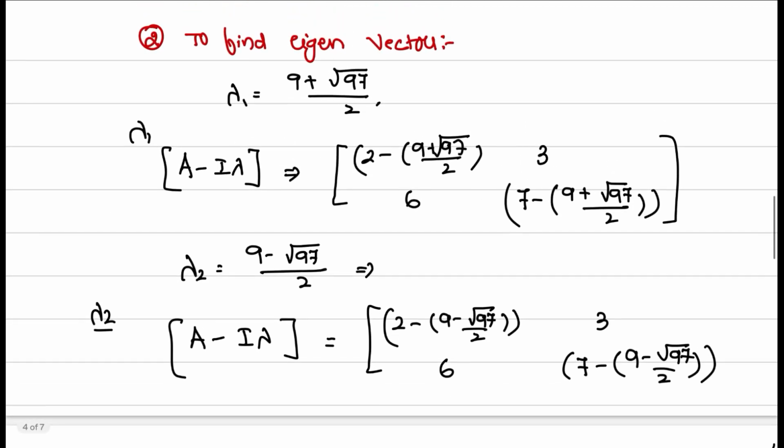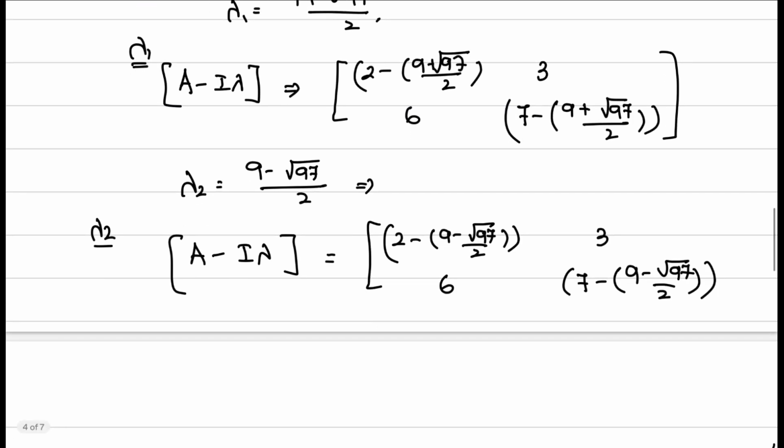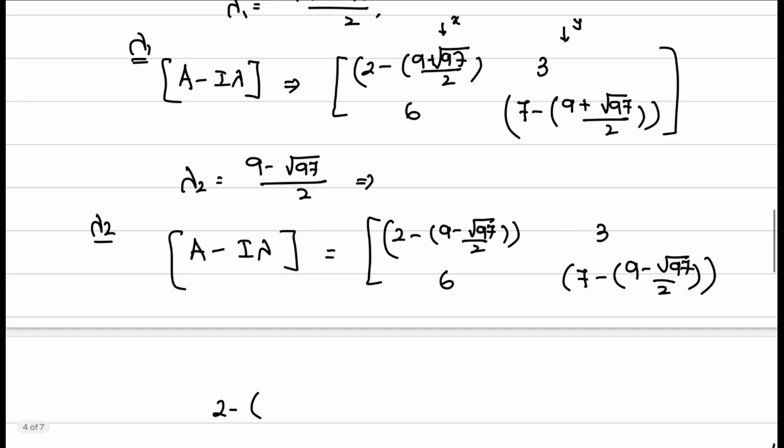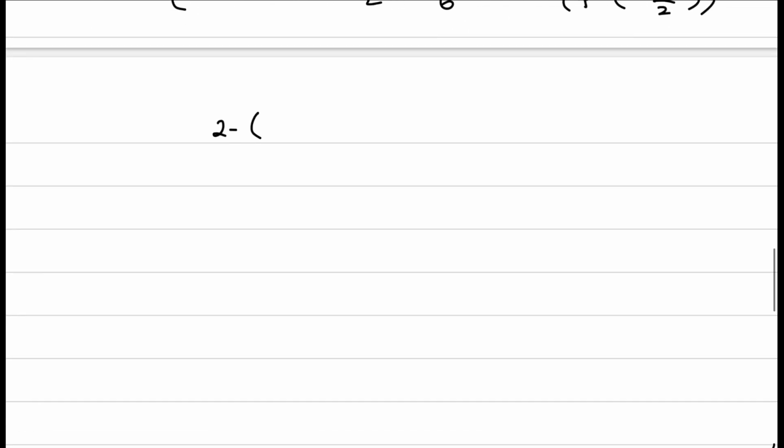When lambda 1 is considered, the matrix is given as 2 minus 9 plus square root of 97 by 2, and so on. Let this be multiplied by the vertical column x, y. This is the procedure for finding the eigenvectors.